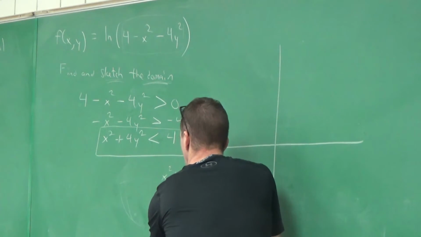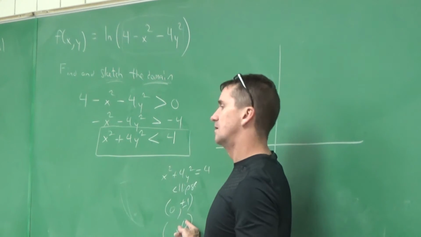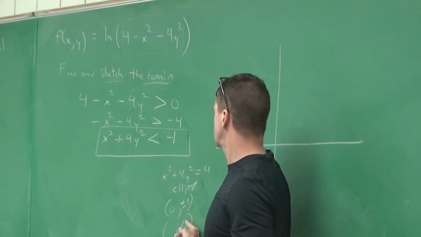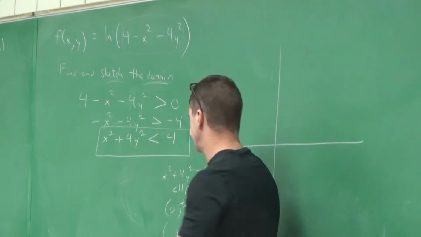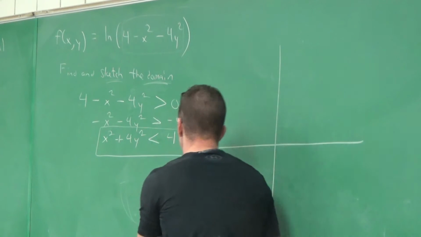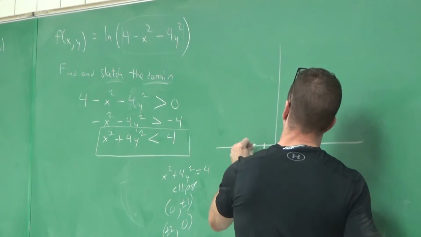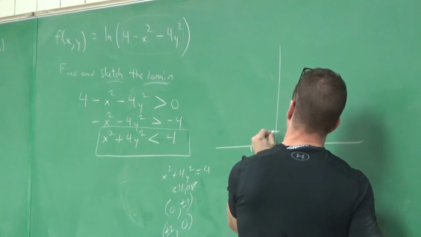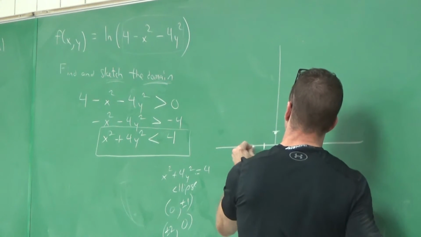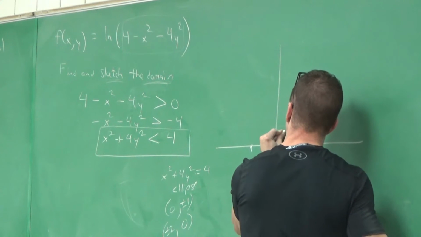Now, let y equal 0. What if y is 0? x is plus or minus 2. Also -2. Alright. Sketch your ellipse. Curve.